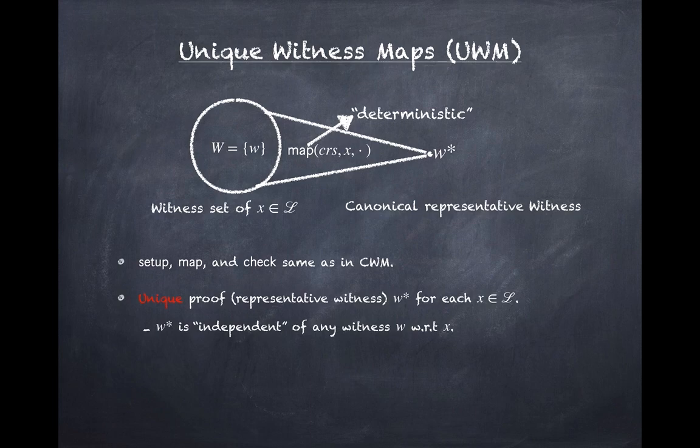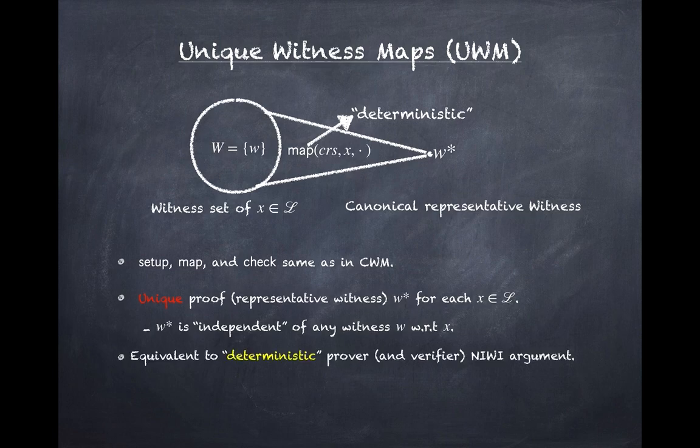Additionally, we require that there should be a unique proof corresponding to each statement. This in particular says that the proof is independent of any witness that is used to construct it, and it only depends on the statement being used. So in a sense, this is equivalent to a deterministic prover and verifier non-interactive witness indistinguishable argument in the CRS model.